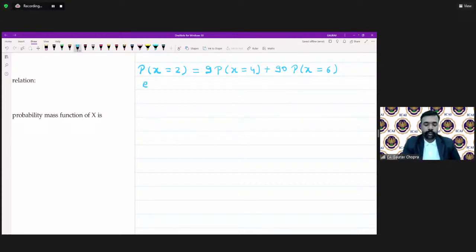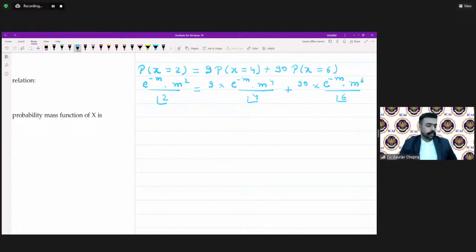E to the power of minus m, m to the power of 2 upon factorial 2 equals 9 multiplied by e to the power of minus m, m to the power of 4 upon factorial 4, plus 90 multiplied by e to the power of minus m, m to the power of 6 divided by factorial 6. Now we can take common.